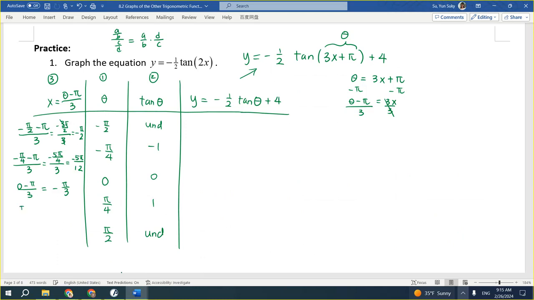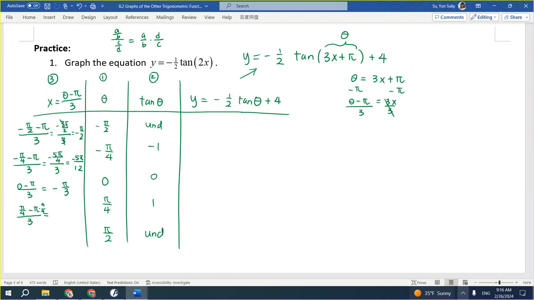Next, we plug in theta is pi over 4, subtract pi over 3. What is pi over 4 minus pi? Negative pi. Okay, think about it. We want to have a common denominator.